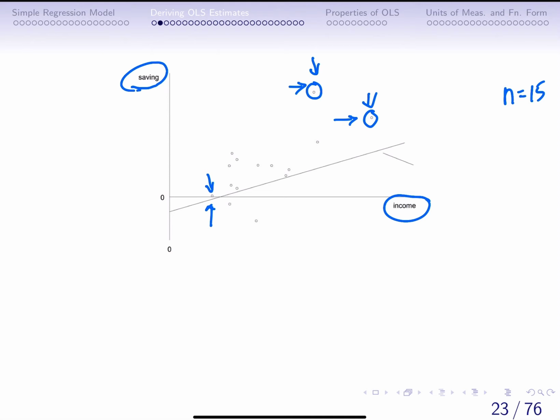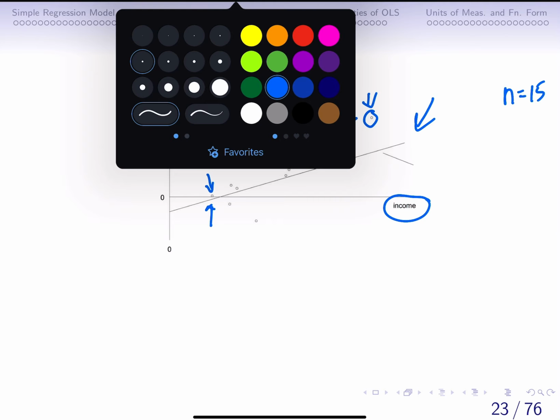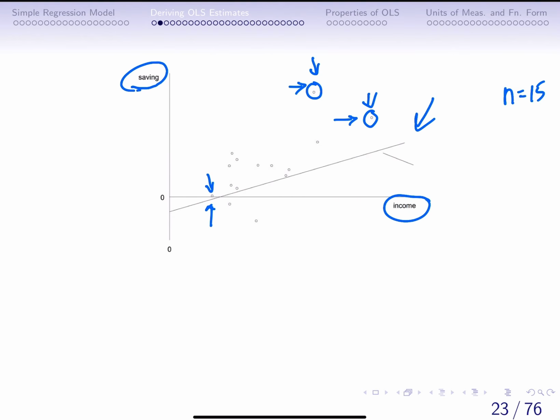What we want to do is always to get to the slope. We want to fit this regression line through our data. We want to basically rotate this line and figure out where this distance is.